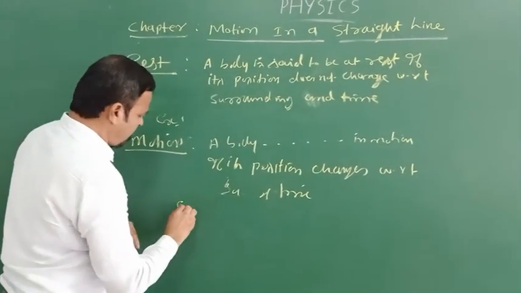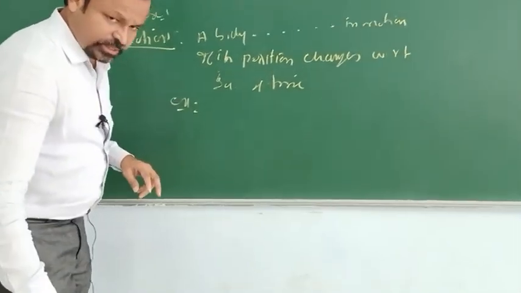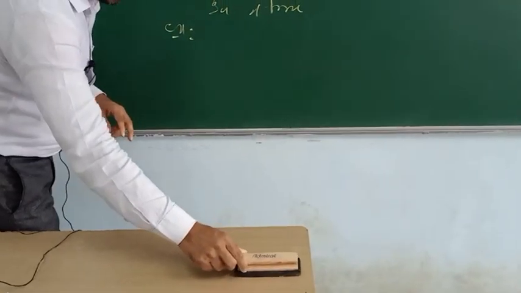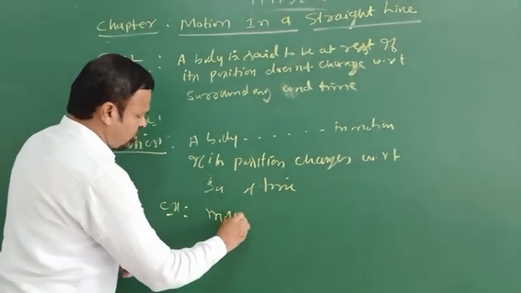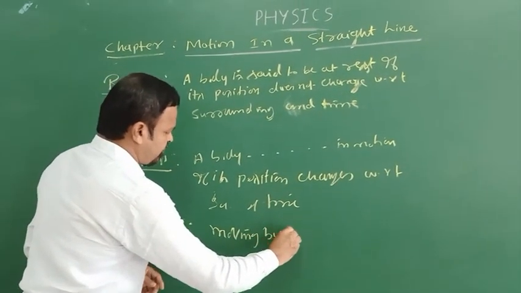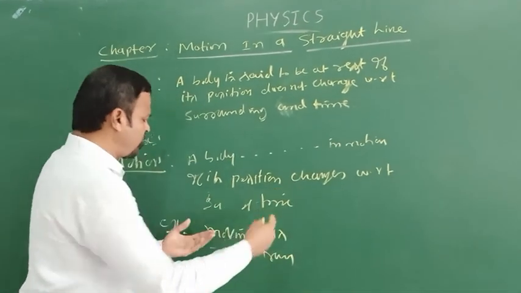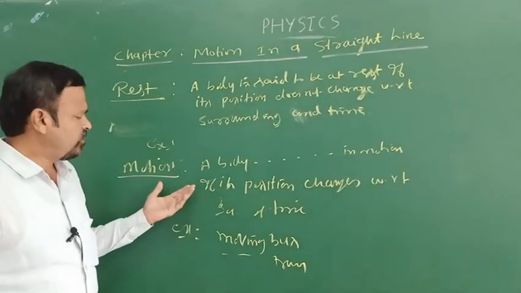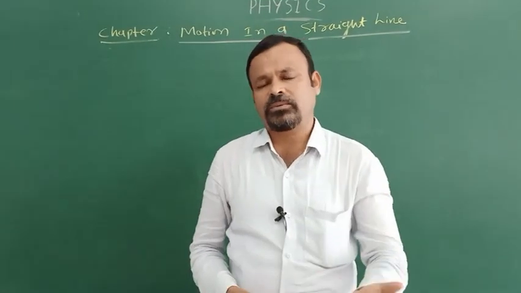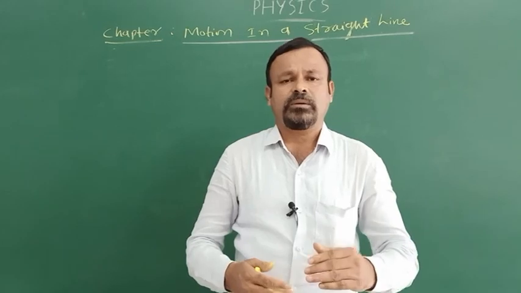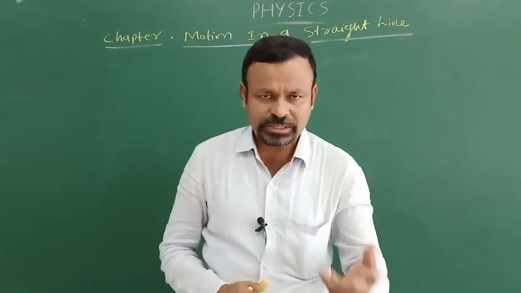For example, the moving duster, you see, this is the example for motion, or the moving bus, moving train, like this. Any moving body is in motion. Actually, rest and motion are relative words. Strictly speaking, no one is at rest.